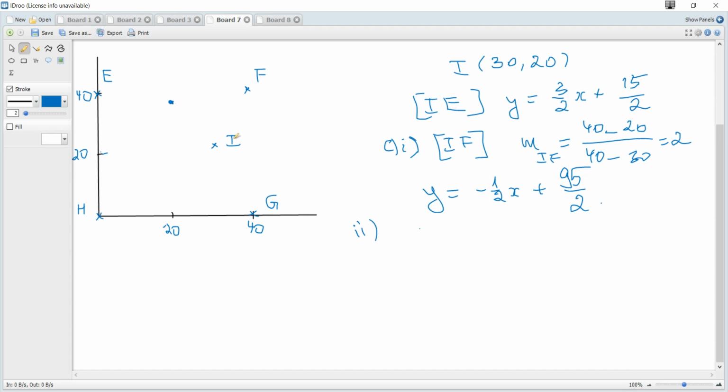and one vertex is at (20, 37.5), and it's a point of intersection of the perpendicular bisector between I and F, and also between I and E. But due to symmetry, if we find the perpendicular bisector of IG, this vertex is the point of intersection of this bisector and the bisector between H and I, and again due to symmetry, this vertex will be on the line in the middle.